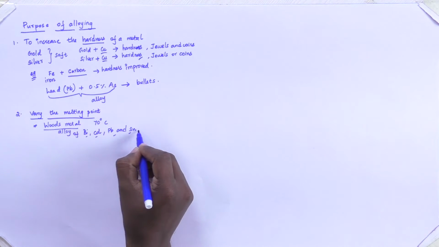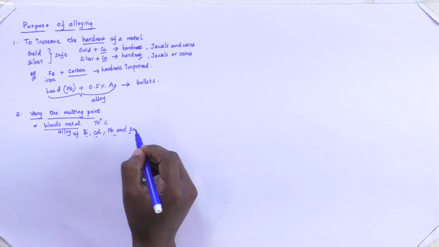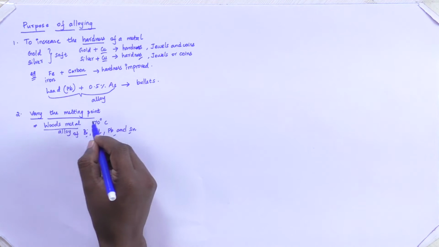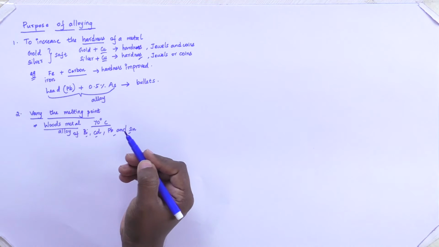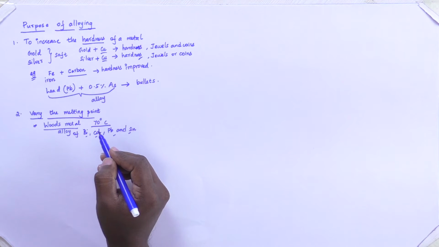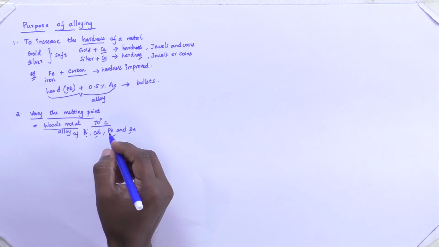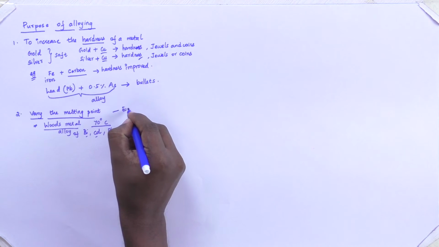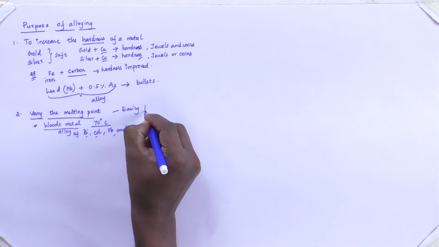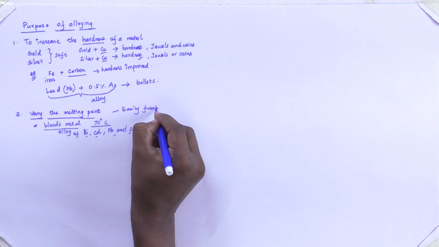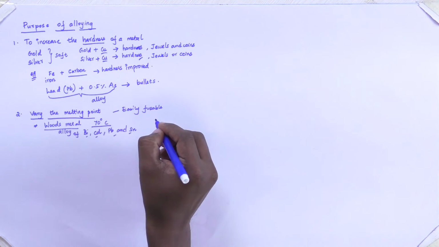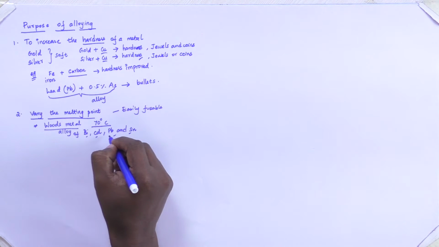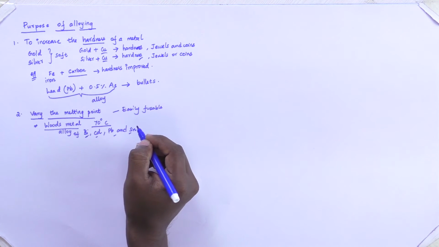These 4 elements have higher melting points when they are in the pure state, but when they are mixed to form an alloy, the melting point decreases to 70 degrees centigrade. So this tells that the alloy is easily fusible, and this can be done by adding a few other elements to a metal.